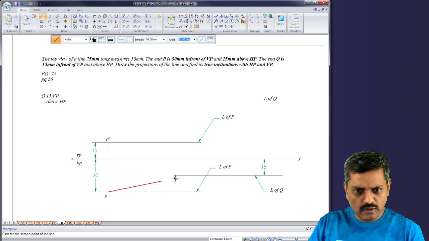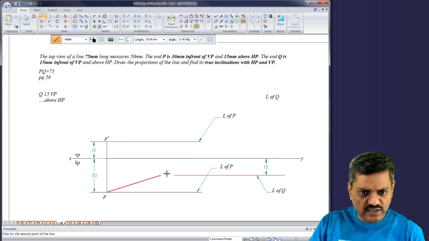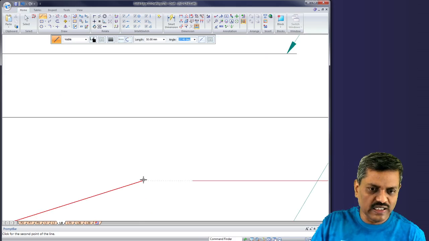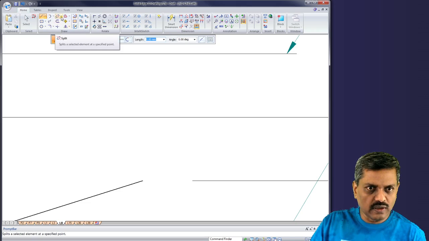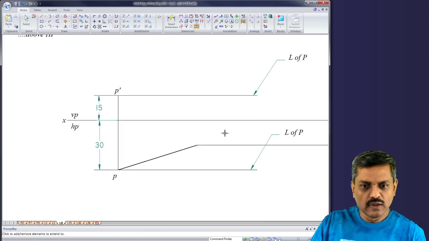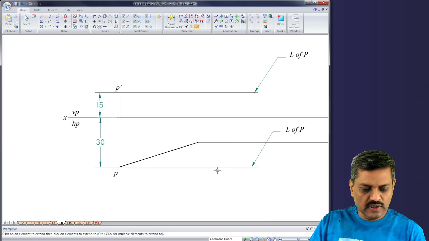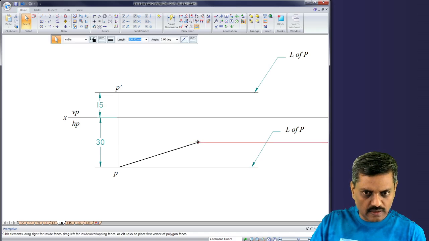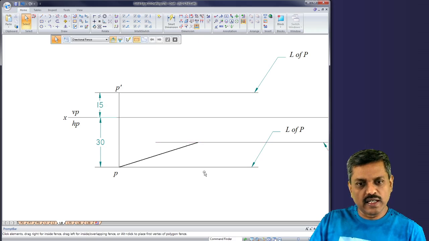You can see that there is a dotted line coming over here. That is where these two meet. You click over there and then stop, and then extend this line a little bit like this, only for the ease of drawing.